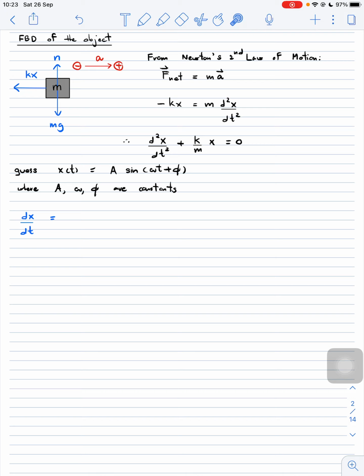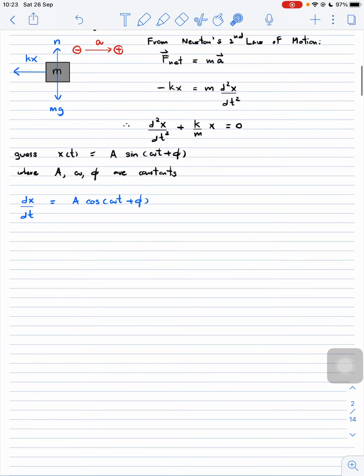Now we need to find the derivative of this one, right? We have A, which is constant, and the derivative of sine equals cosine. So we have cosine of omega t plus phi. Then we need to find the derivative of this argument. The derivative of omega t equals omega, and the derivative of phi equals 0, because phi is constant.